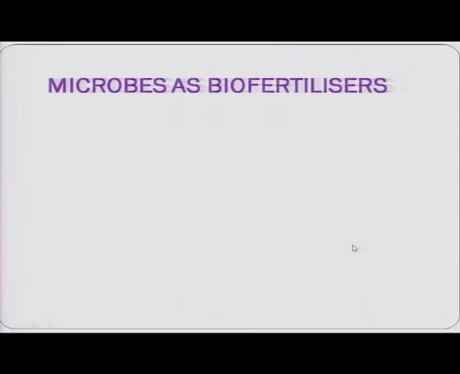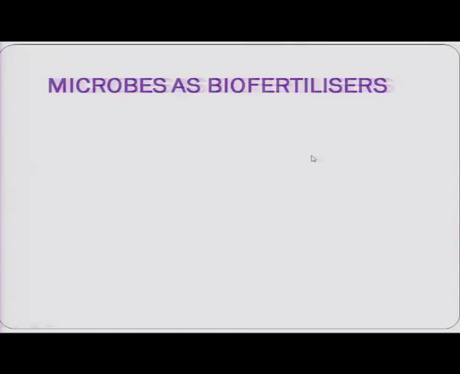Now, the next application of microbes in agriculture is as biofertilizers. Let us see what are those microorganisms which can act as biofertilizers in our fields. Biofertilizers, to again reiterate its definition, these are the organisms that enrich the nutrient quality of the soil.